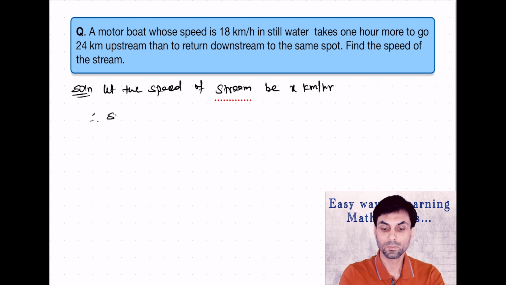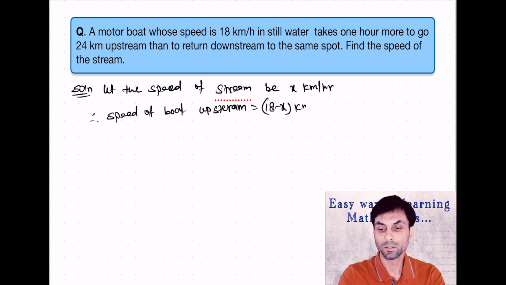Therefore, the speed of boat upstream will be equal to 18 minus x km per hour, and downstream it will be 18 plus x km per hour.